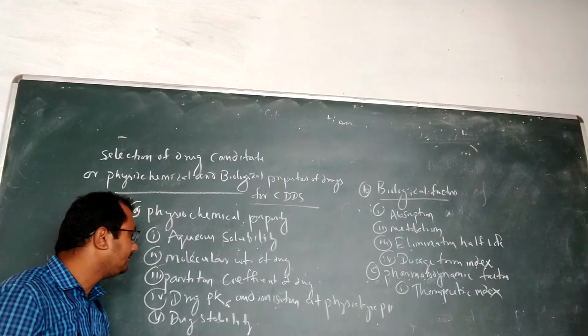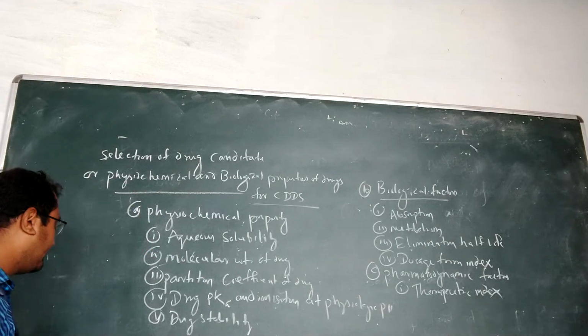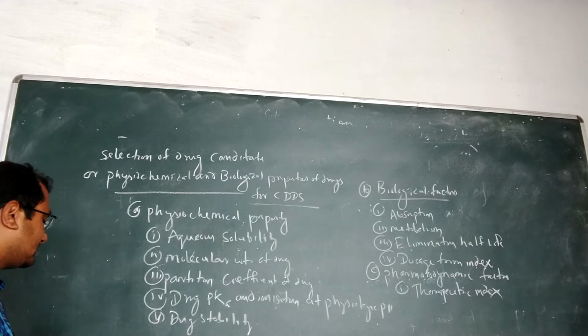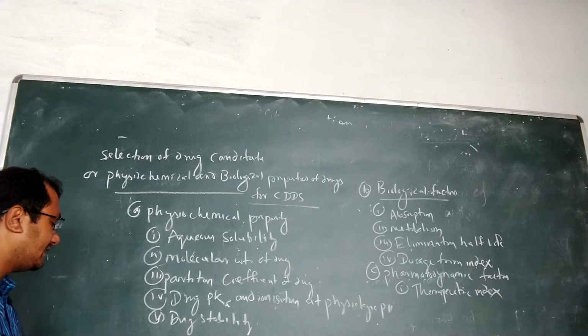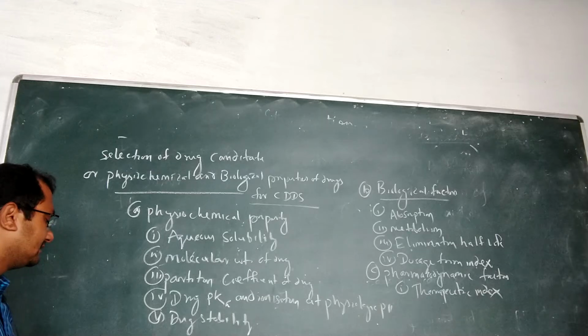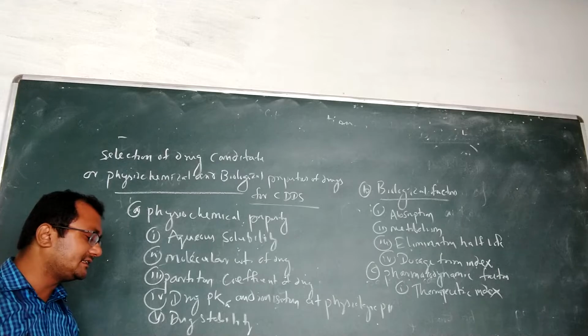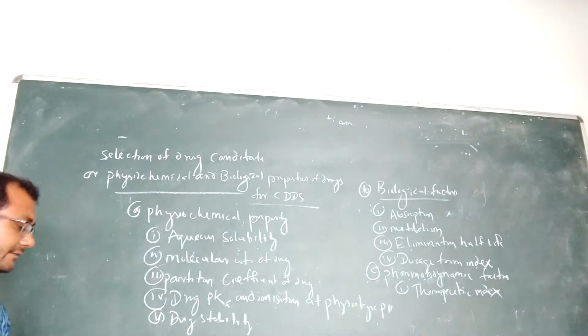The next one, drug pKa and ionization at physiological pH. Generally the pKa range for acidic drugs is 3 to 7.5, and for basic drugs is 7 to 11.